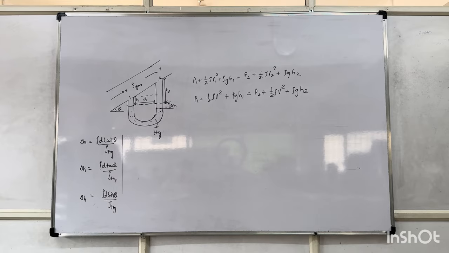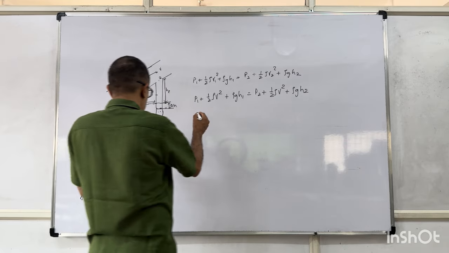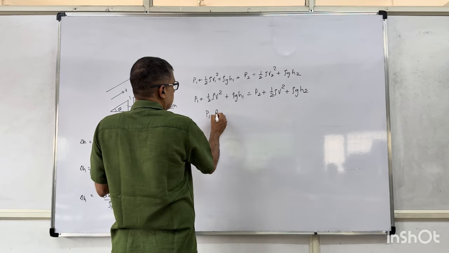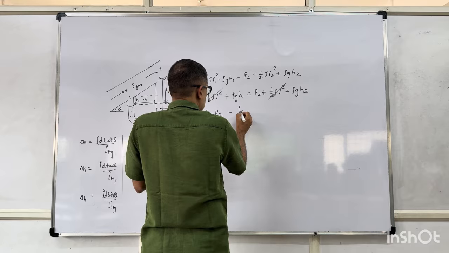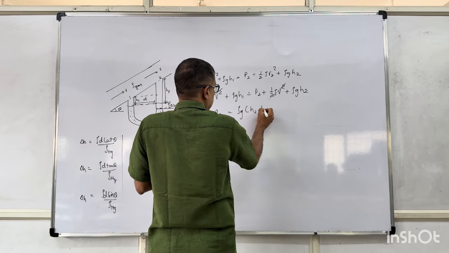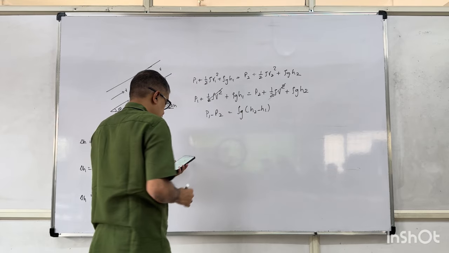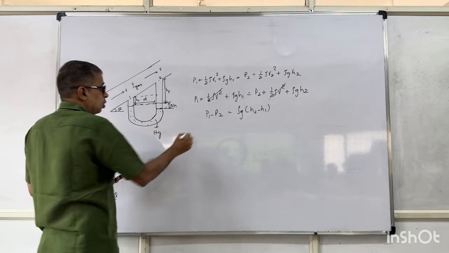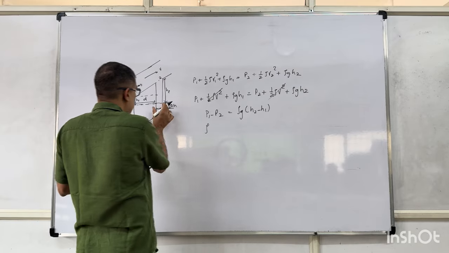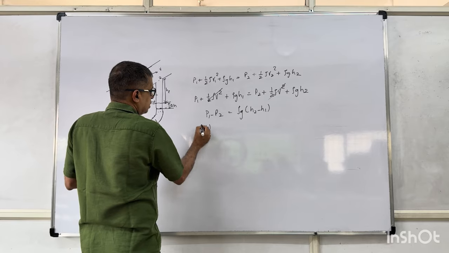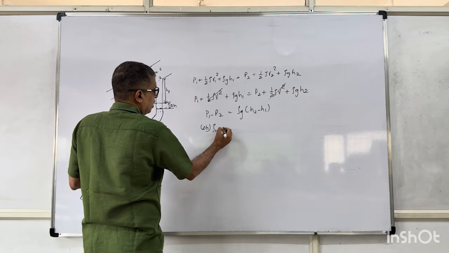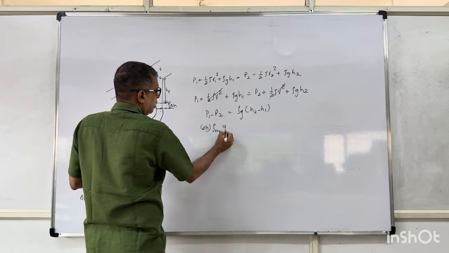Same area of cross section. So now life becomes simple. P1 minus P2 is your requirement. This gets cancelled. Rho G H2 minus H1. Pressure difference is delta H into rho of Hg into G.